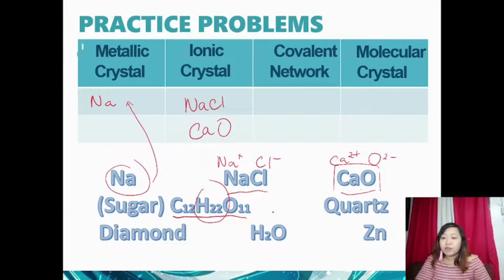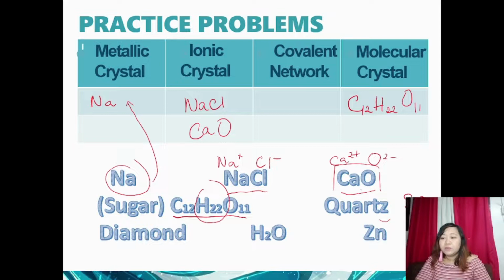However, it doesn't have a repetitive network. Therefore, it can be classified as a molecular crystal. Next, quartz, with the chemical formula silicon dioxide.